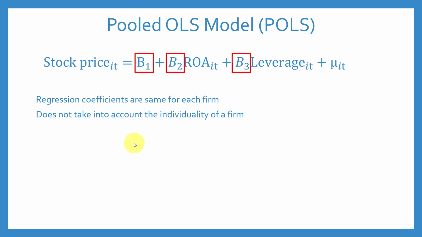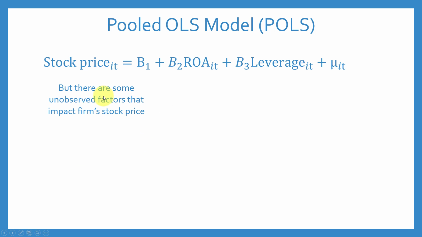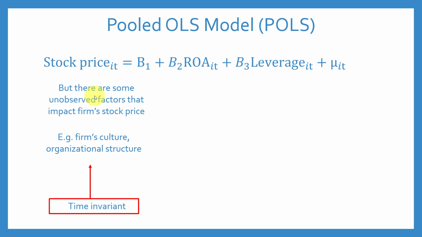But if we look at this model, we know that there are some unobserved factors that would also impact stock prices, for example firm culture, organizational culture. These are time invariant variables, right? Or their geographical location, which is also time invariant.